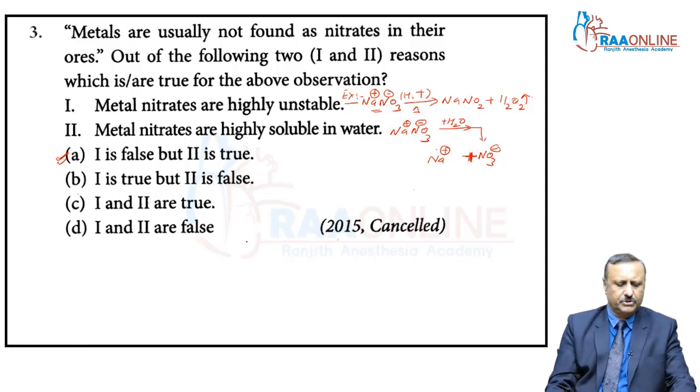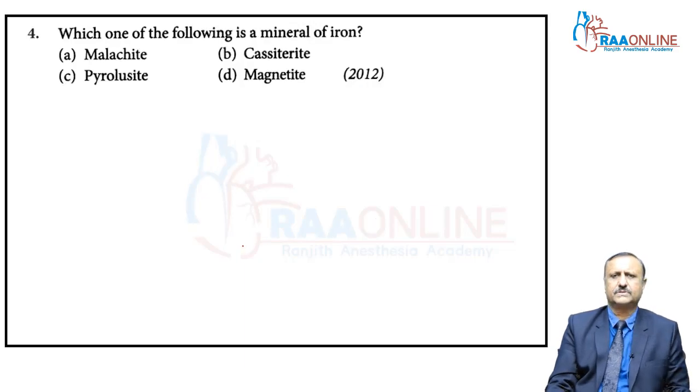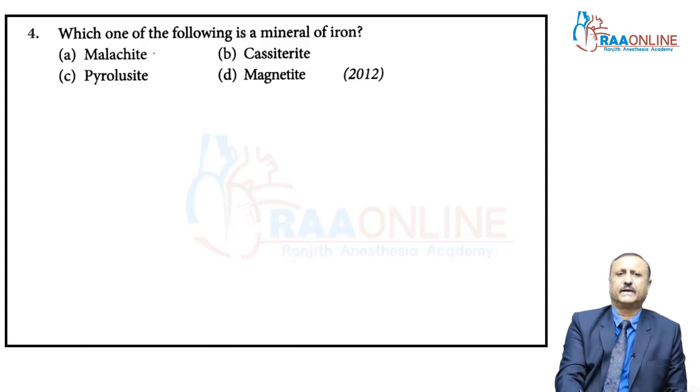Now we can go to question number 4, my dear students. Here you can see, which one of the following is a mineral of iron? Malachite, you get from copper ore, so it is a mineral of copper.